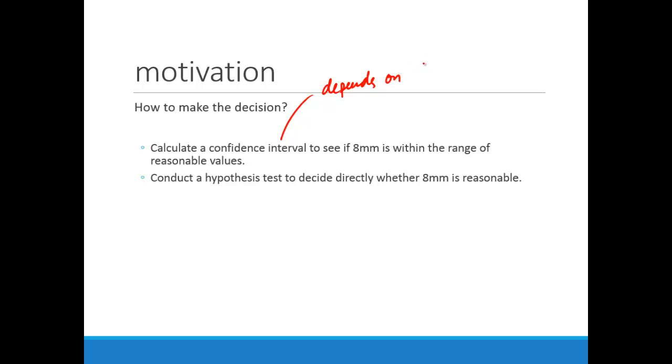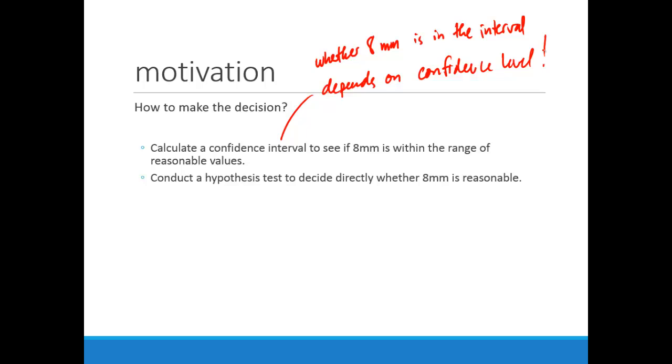What I would say is that whether 8 millimeters is in the interval depends on the confidence level. What if I do a 90% confidence interval and 8 is not in it, but then I do a 95% confidence interval and 8 all of a sudden is in that interval?